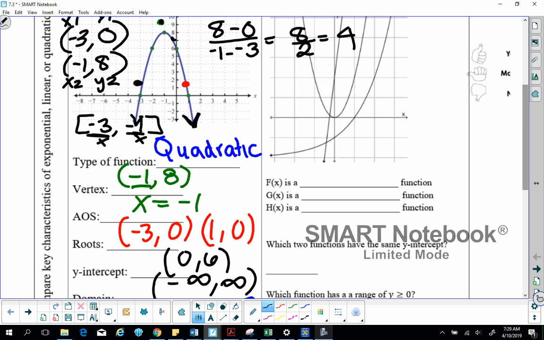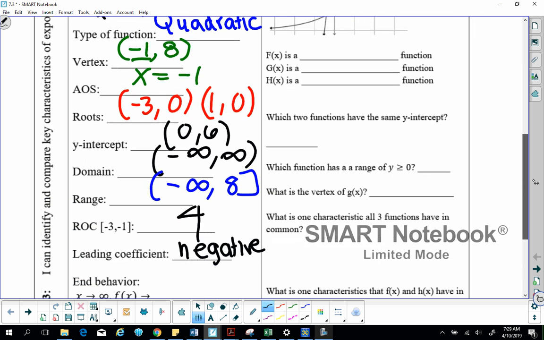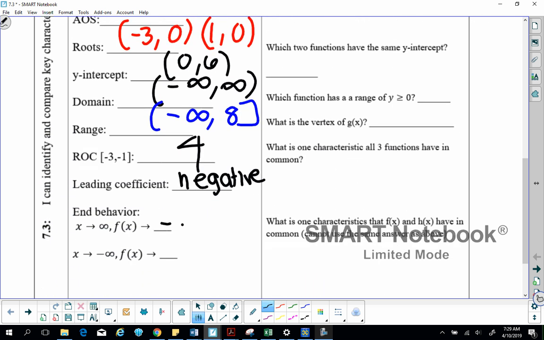What's happening with the y's? Are they going up or down? Down. See how both arrows are pointing down? So that means my end behavior for both of them is going to be negative. So basically, end behavior is where the function ends. What direction is it going in?